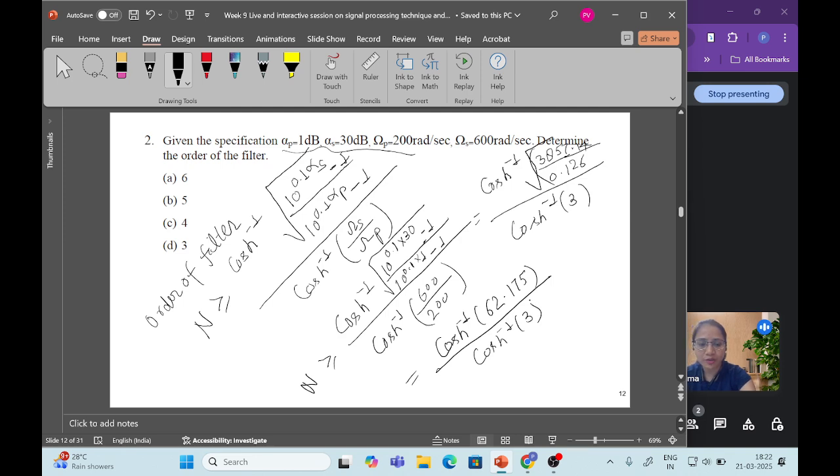From the calculator you directly get 4.822 divided by 1.76. If you divide it, you will get 2.736. So n must be greater than or equal to 2.736, that means approximately equal to 3. That's why option D is the correct answer for this question.